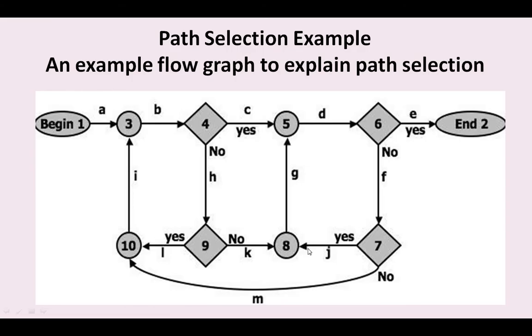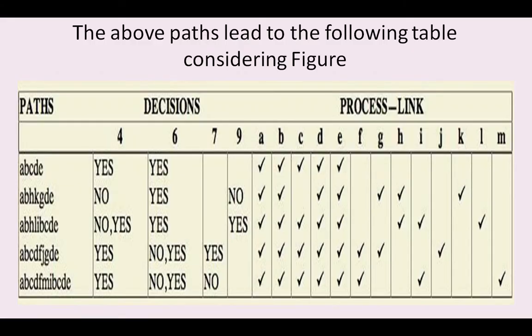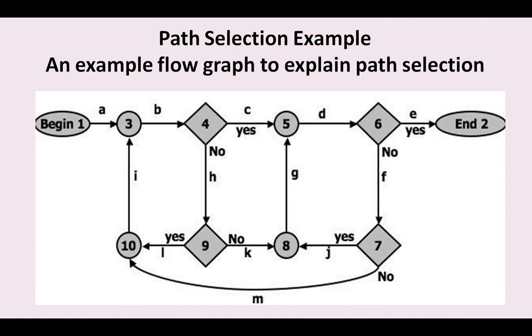So this is basically a big graph which can have multiple start nodes, end nodes, decision nodes, and ordinary nodes as well. Okay, so we are selecting the path from this graph. How we select the path, we are now going to see. So what is a path actually? A path is nothing but the arrangement of the links in order. So the link connection is also called a path.